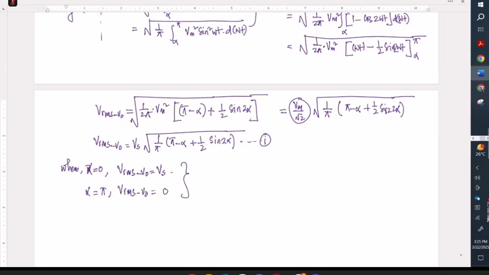So by varying alpha, we can vary the RMS value of the output AC signal from 0 to VS. You got my point, right? Yes, sir.